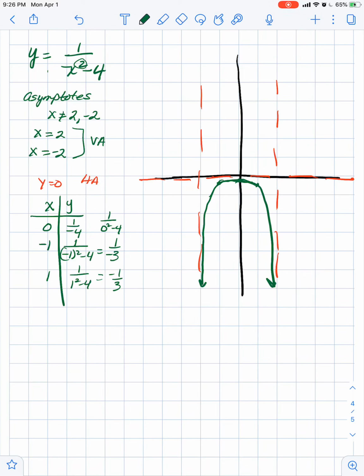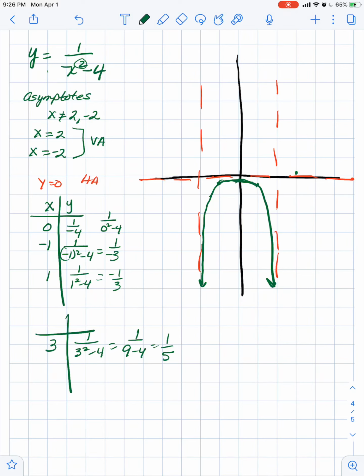Now, let's go ahead and look over on the other side. So let's do over and do 1, 2, let's do 3. Let's put a 3 in. So that would be 1 over 3 squared minus 4, which that would be 1 over 9 minus 4, which is 1/5. So at 3, I'm at 1/5.